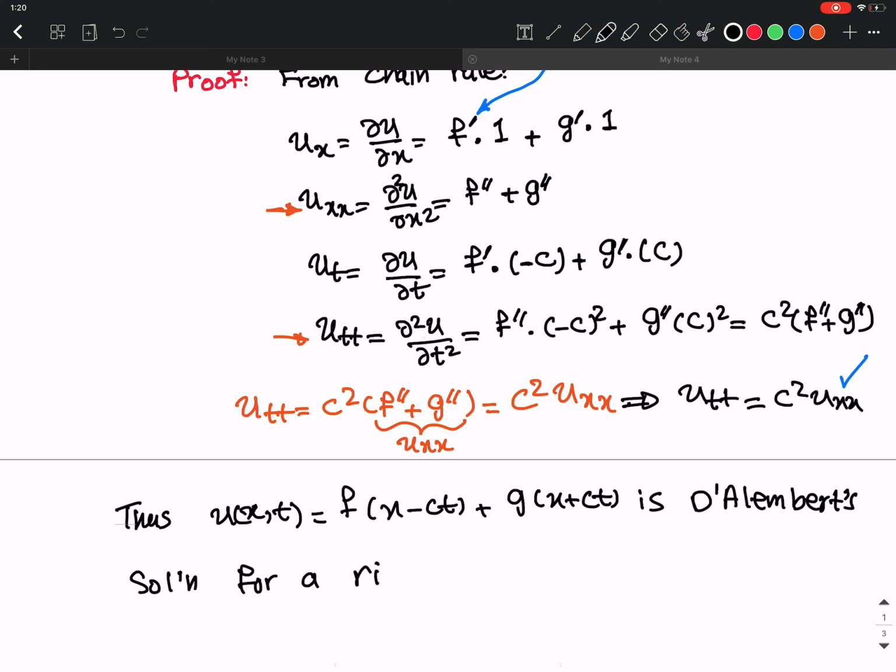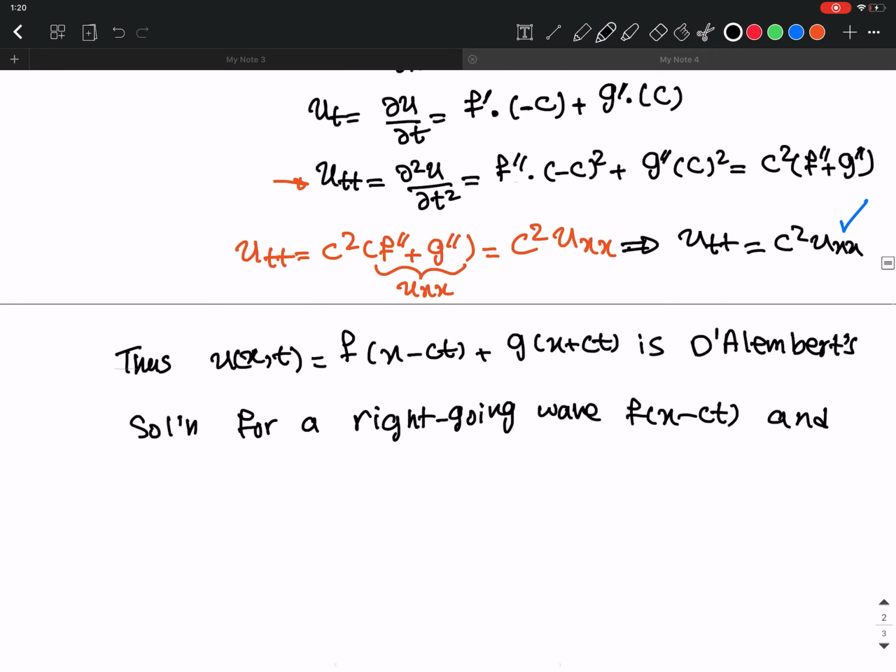So this has two parts, right? One is a right going wave, f(x minus ct), and a left going wave, g(x plus ct).